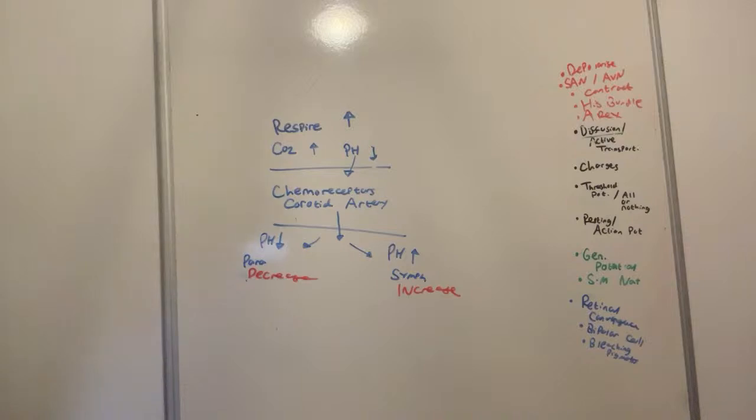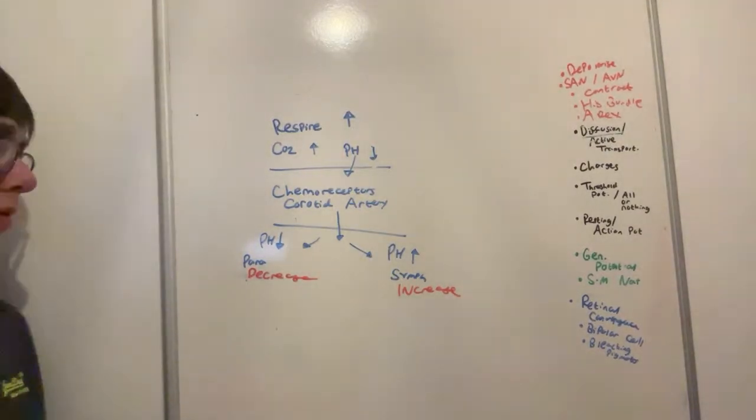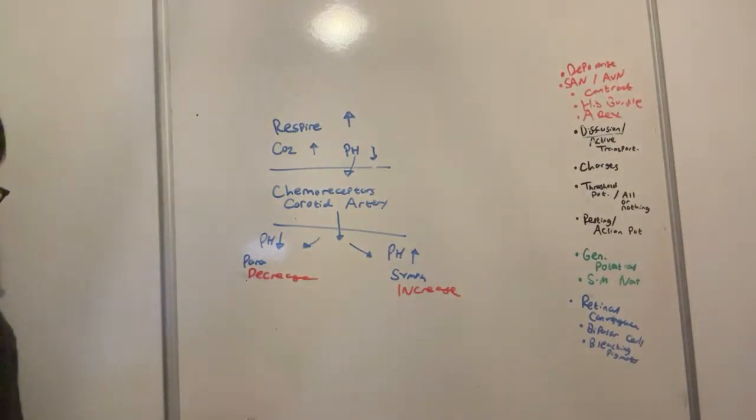So yeah, if blood pH is, for example, decreased, it's going to be detected by a chemoreceptor. That signal will then be brought to the brain.